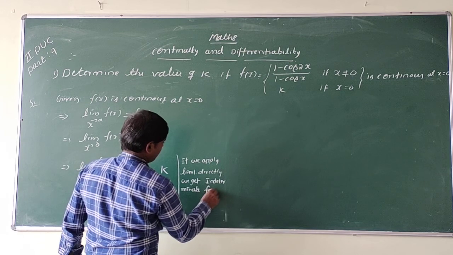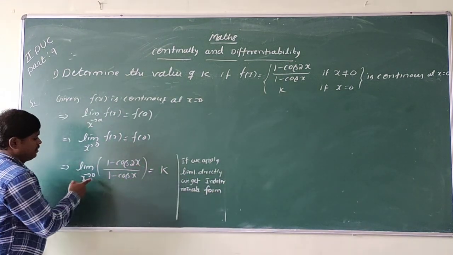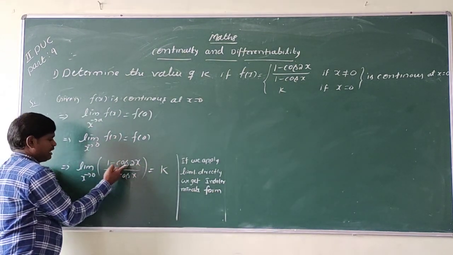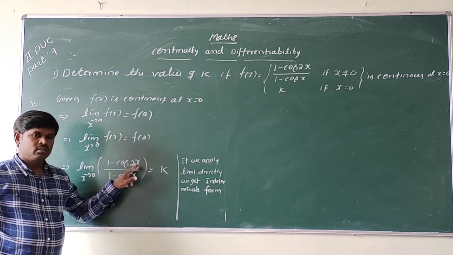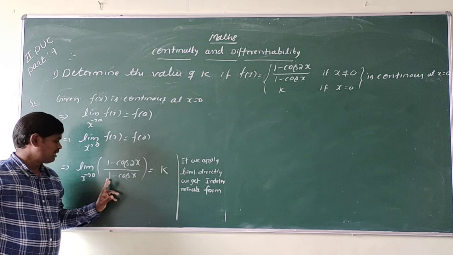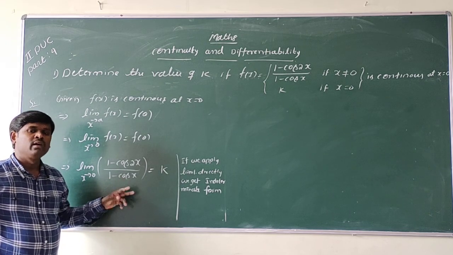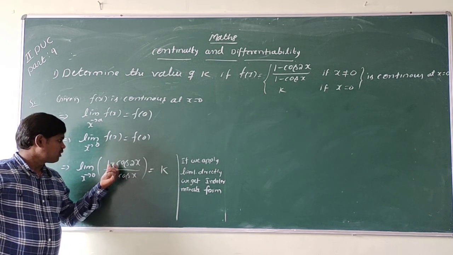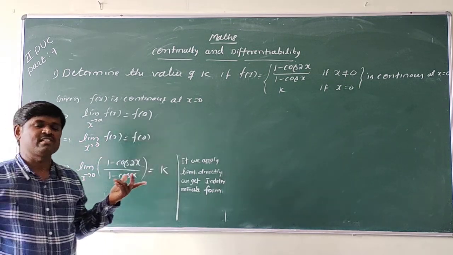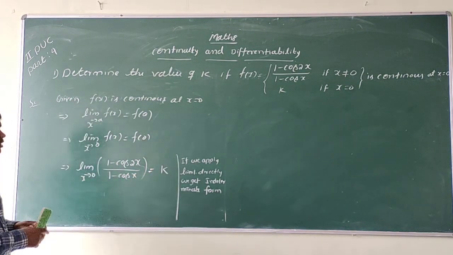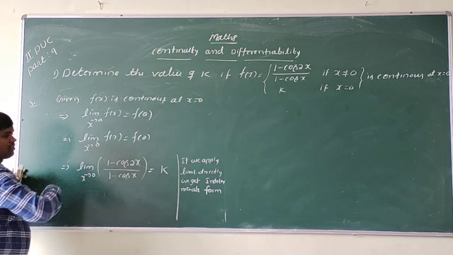If I substitute x equal to 0, we get cos 0, and cos 0 is equal to 1. So here 1 minus cos 0 is 1 minus 1, which is 0, and in the numerator also 1 minus 1 is 0. That means 0 by 0, which is an indeterminate form. Therefore we convert the given function into another form.